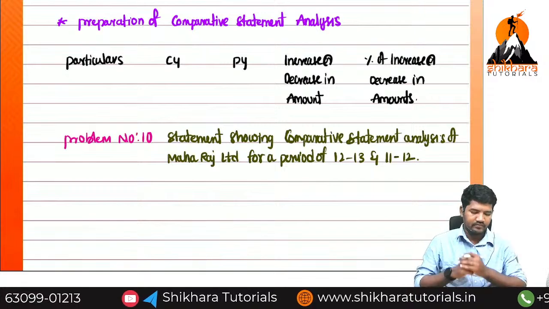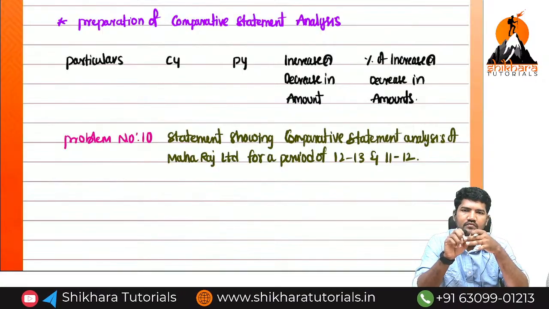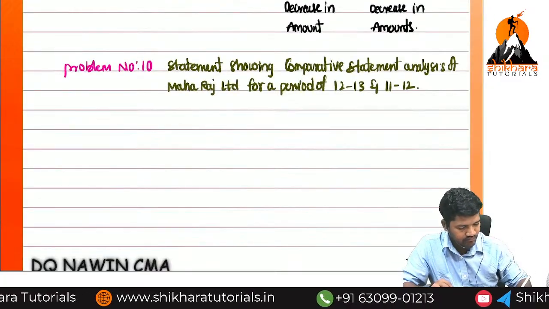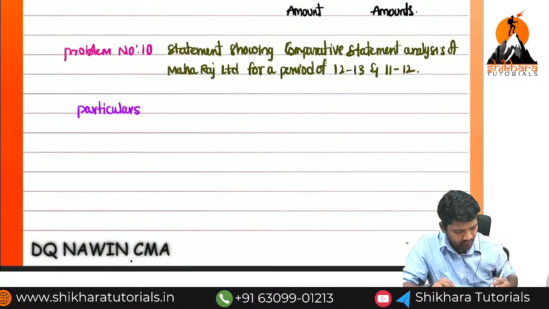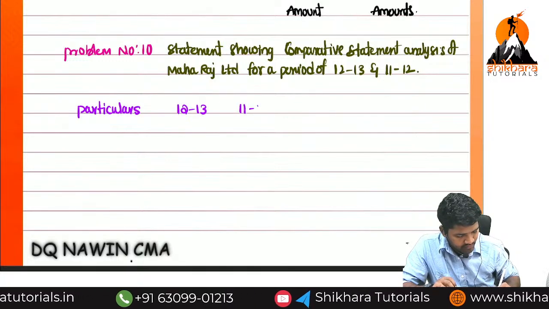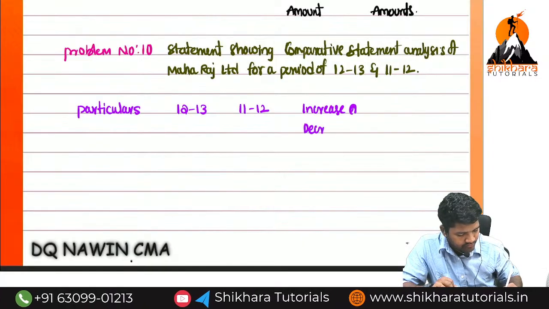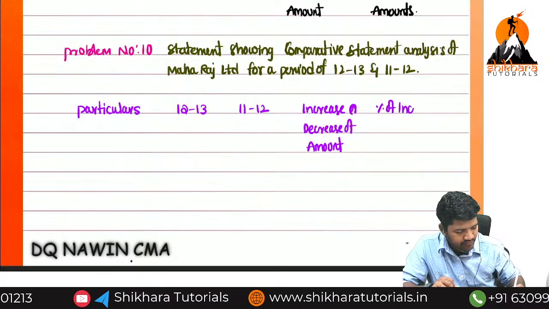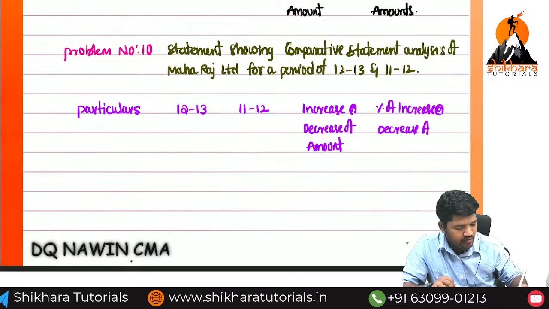The columns are 12-13, 11-12, increase or decrease of amount, and percentage of increase or decrease of amount.